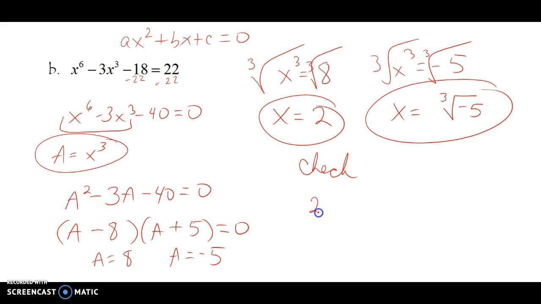If we take 2 to the 6 minus 3 times 2 cubed minus 18, we better get 22. Grab your calculator. I do 2 to the 6, and I get 64 minus 2 cubed is 8, 3 times 8 is 24, minus 18 does equal 22.